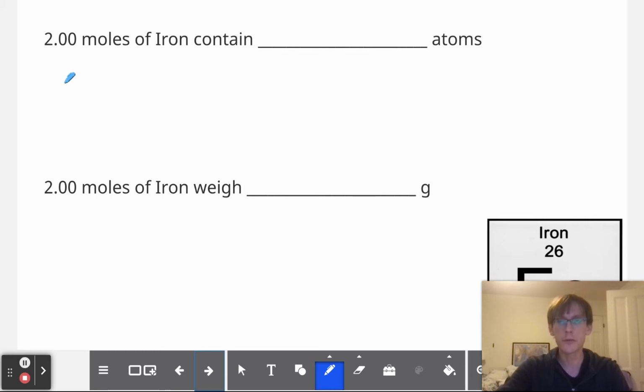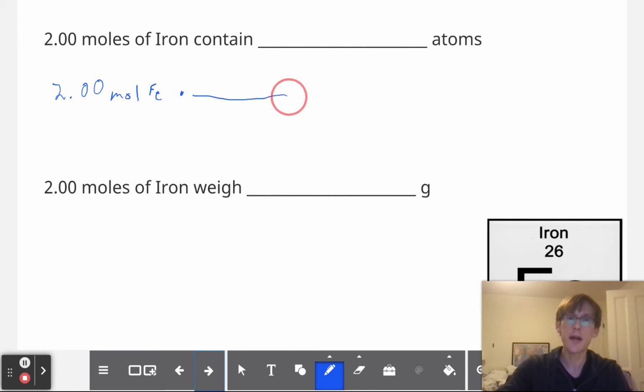Well, what we're going to do is something called dimensional analysis. In any dimensional analysis problem, we start out simply by writing out whatever number is given to you in the problem and the unit. So it's 2.00 moles of iron, which is Fe. And what we need to do is multiply this by a conversion factor.